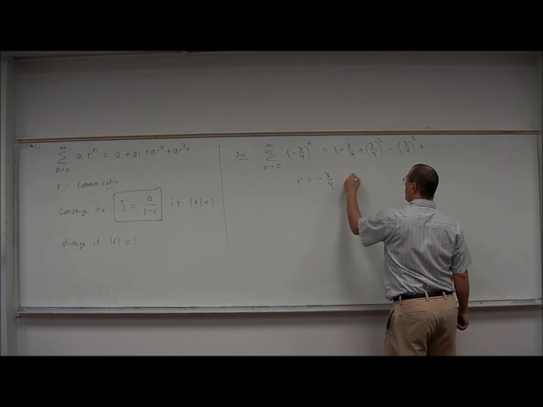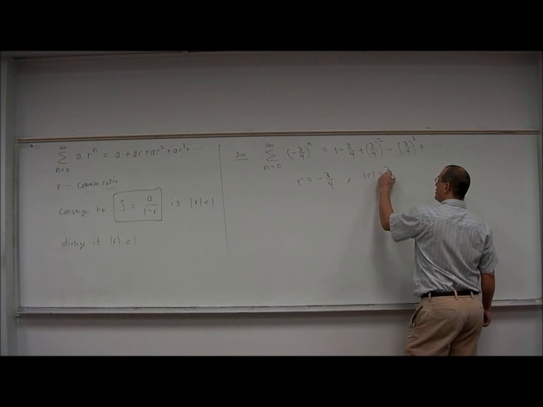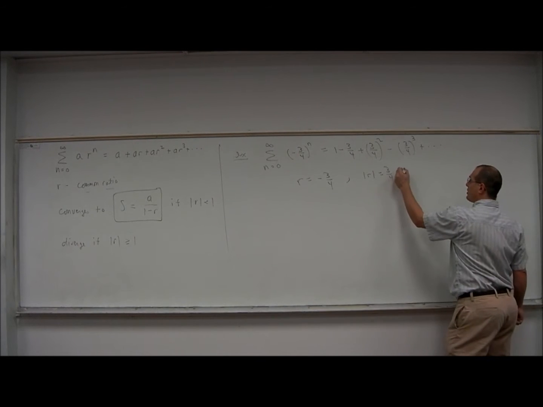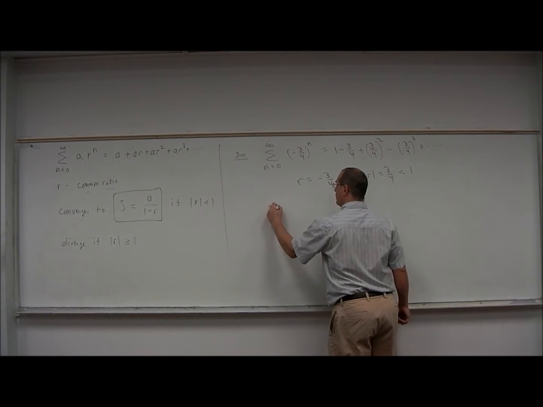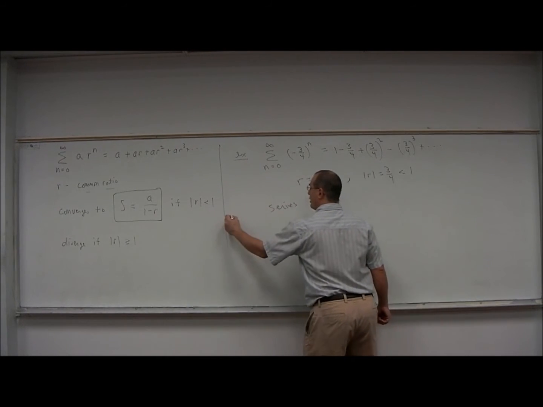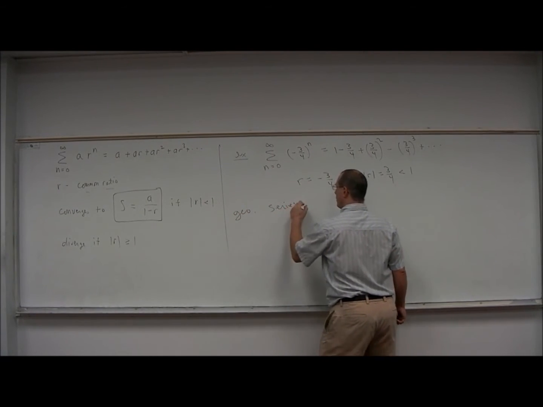So the absolute value of r is 3/4. That's less than 1. So this series converges. It's a geometric series. It converges.